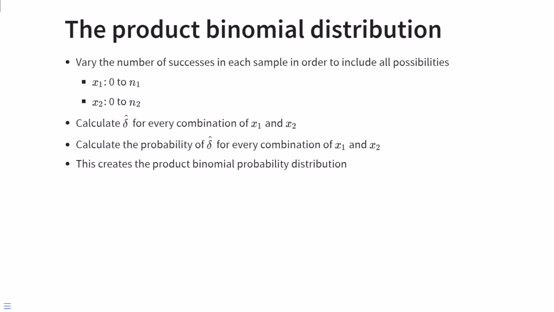If we vary the number of successes in each of our samples to include all possibilities, that is, x1 goes from 0 to n1 and x2 goes from 0 to n2, and if we calculate delta hat for every combination of x1 and x2, we can calculate the probability of delta hat also for all those combinations. How do we calculate that probability? By using the product binomial. And by doing this for all the possible combinations, it will create the product binomial probability distribution.